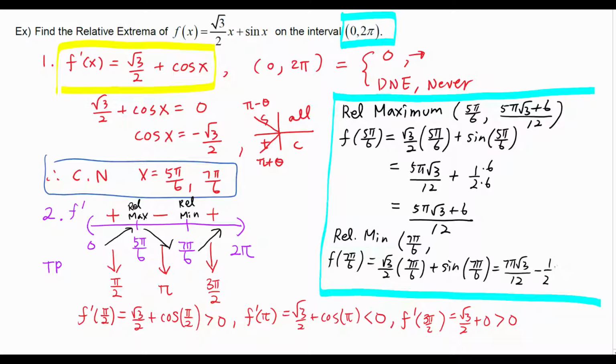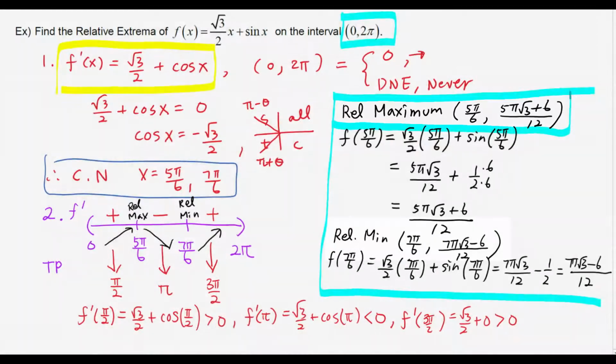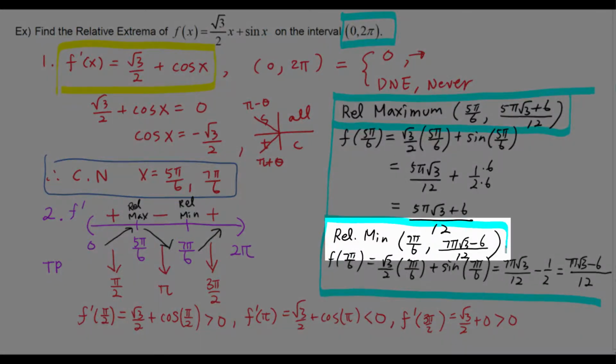So by multiplying top and bottom of minus a half by 6, we have 7 pi radical 3 minus 6 all over 12. So my relative minimum is 7 pi over 6, comma, 7 pi radical 3 minus 6 all over 12. So I found the relative maximum and relative minimum.